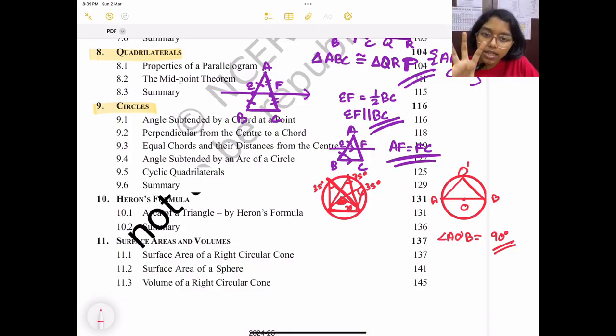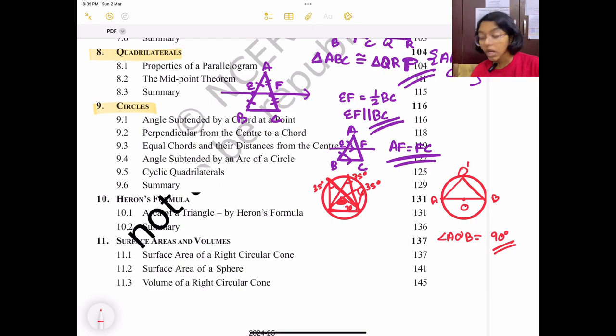The diameter divides the circle into 2 equal halves, and each half is called a semicircle. So the angle subtended by a semicircle is always 90 degrees, always a right angle.